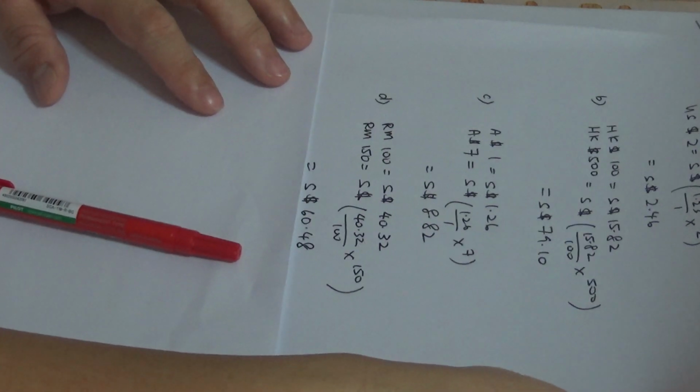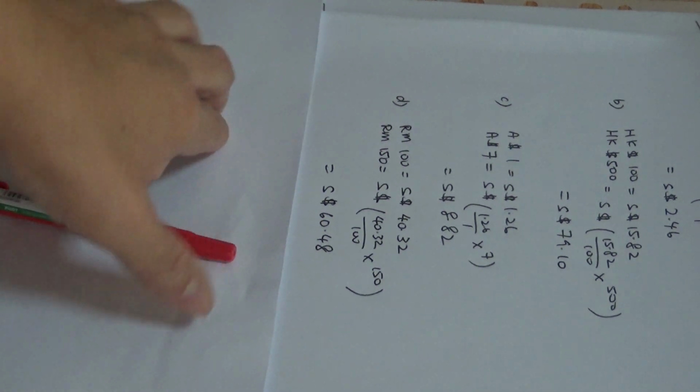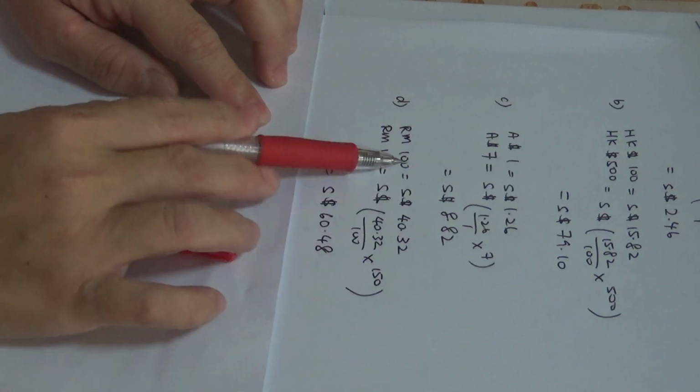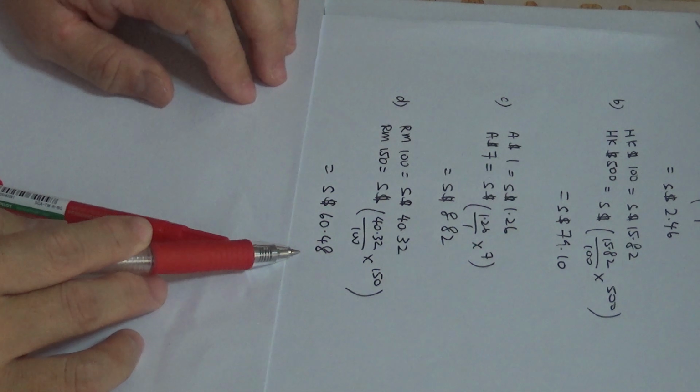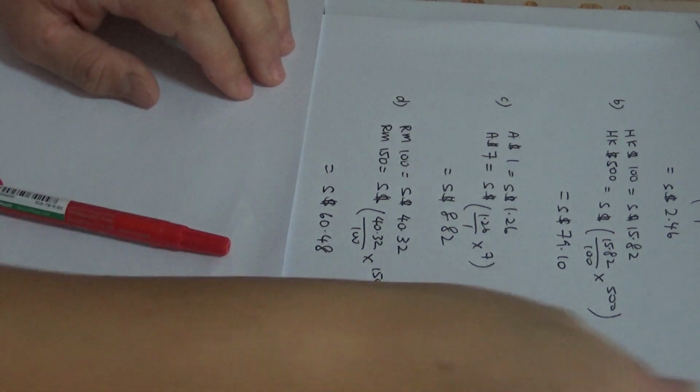Now, part D is Malaysian ringgit. So you look for the conversion in Malaysian ringgit, line them up, this over this times this, you will get the answer again. So these are your answers to question 2, A to D. Okay, I will be going on to question number 3.